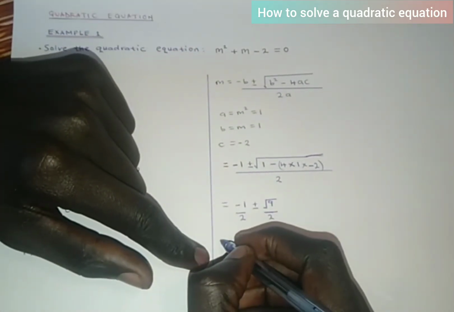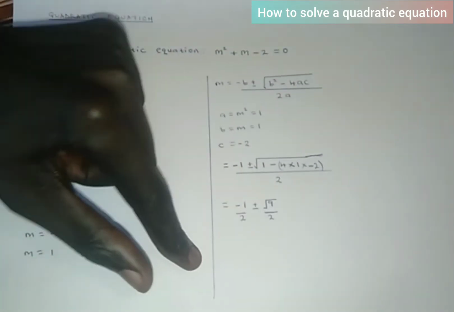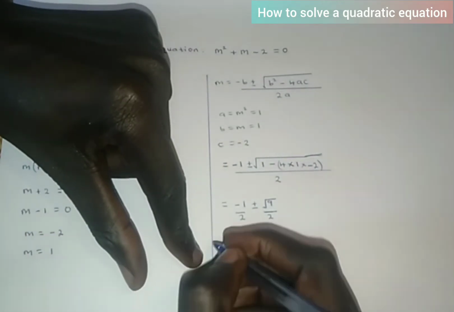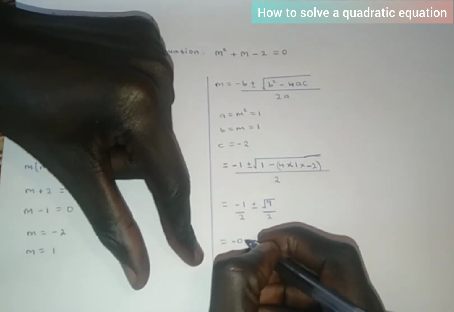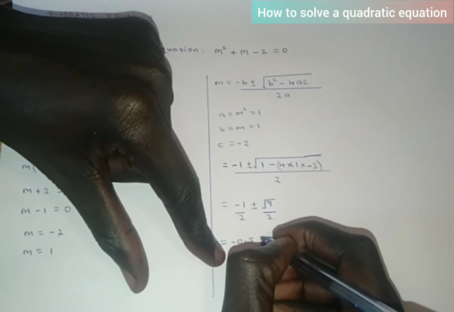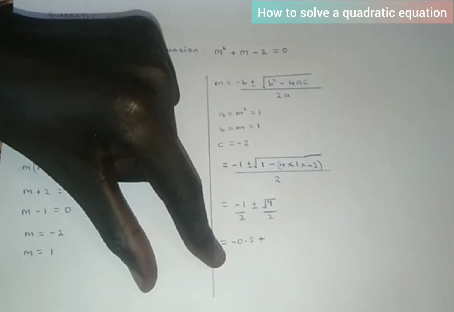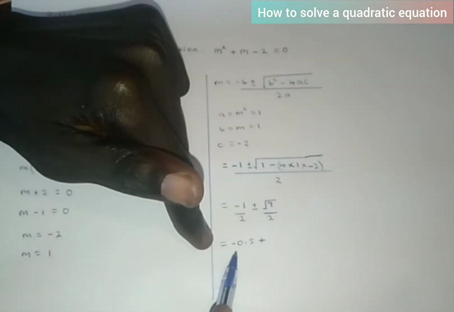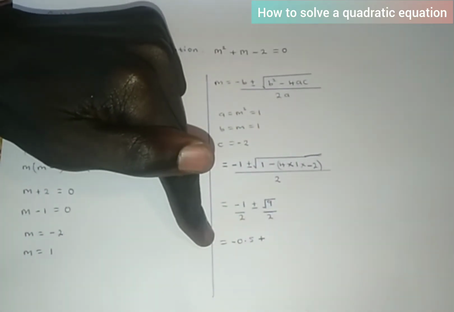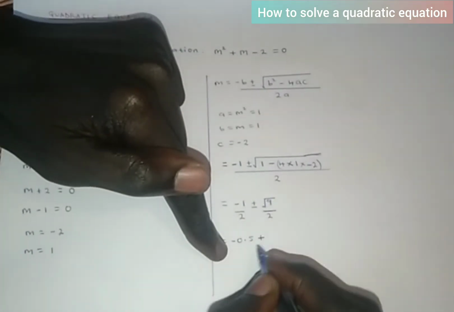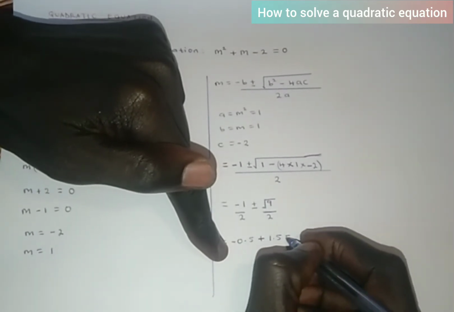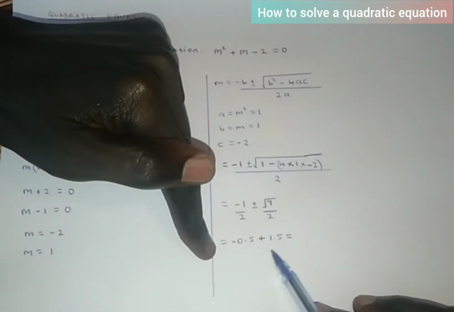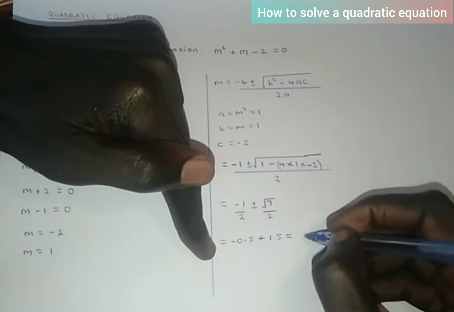The square root of 9 is 3. So negative 0.5 plus, our first value of m takes the positive sign: 3 divided by 2, that is 1.5, which gives us 1.